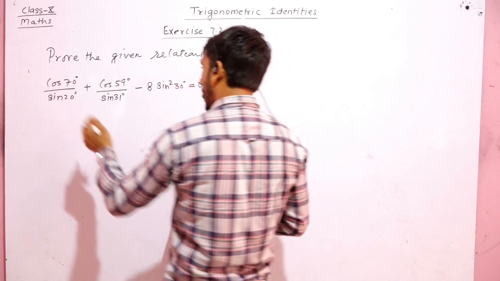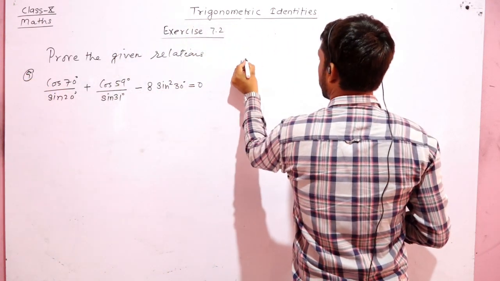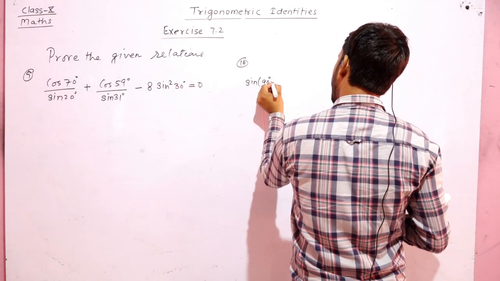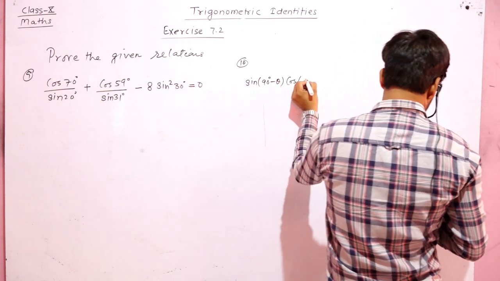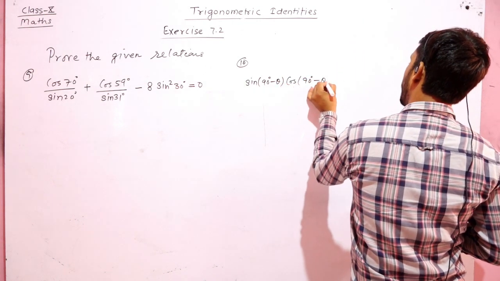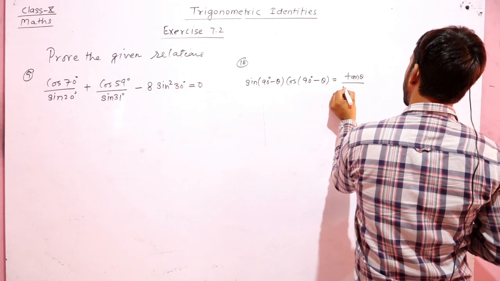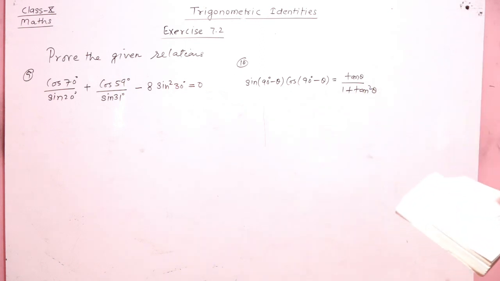This is question number 9. Then question number 10 is given as sine of 90 degree minus theta and cos of 90 degree minus theta should be equal to tan theta divided by 1 plus tan square of theta. So now we will discuss these two questions by using the same property.